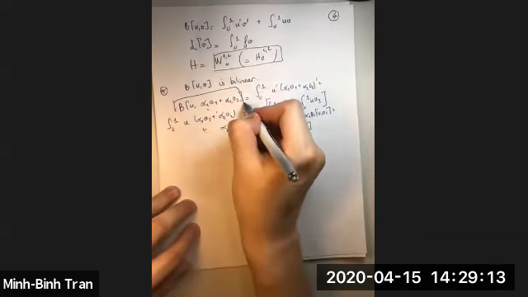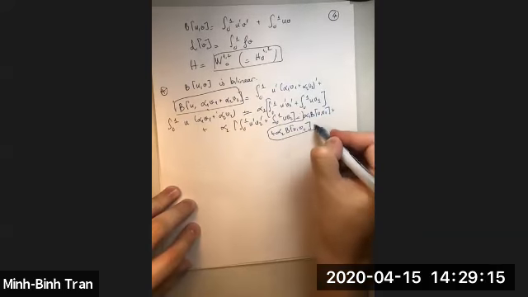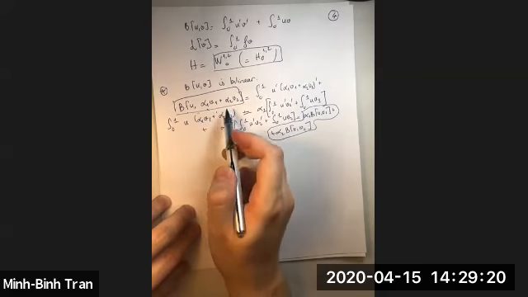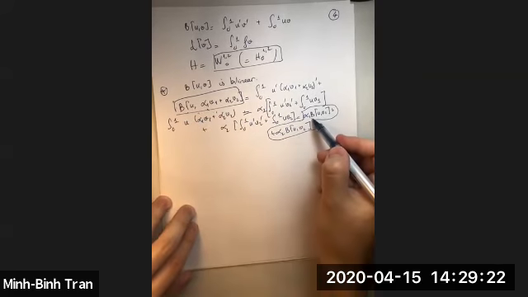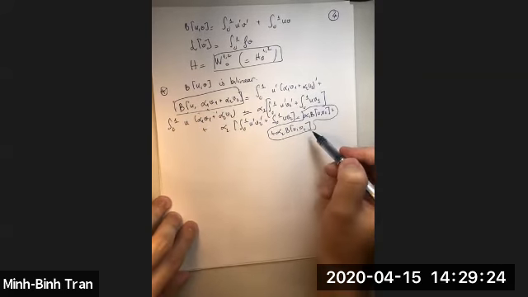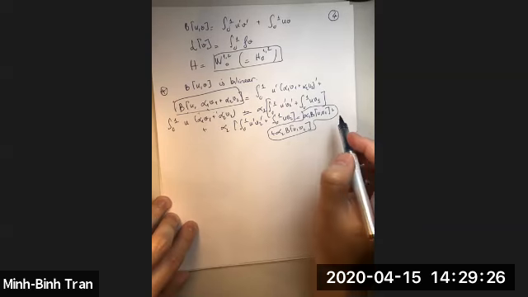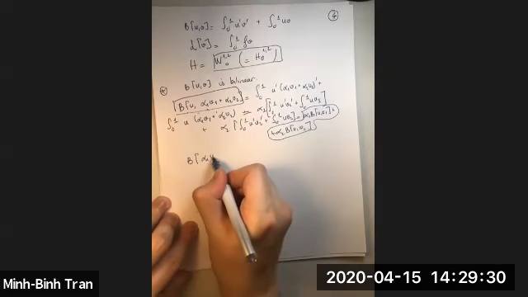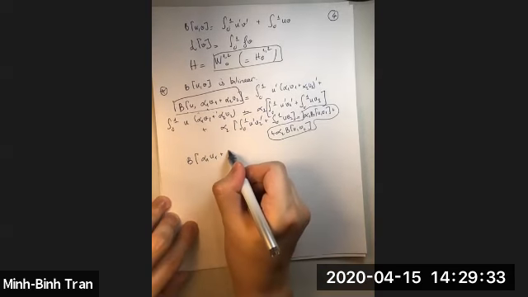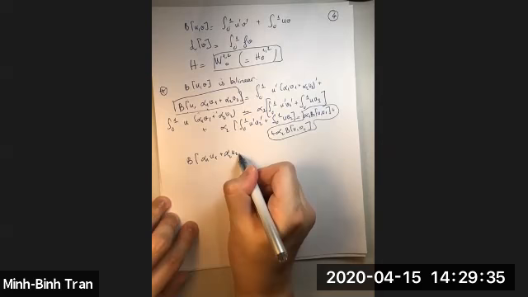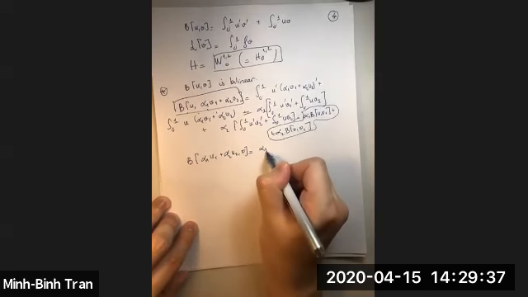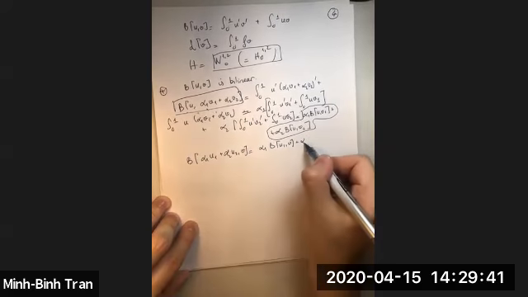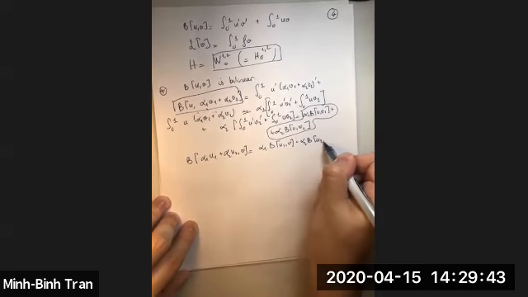Which is alpha 1 B(u, v1) plus alpha 2 B(u, v2). So you can write B(u, alpha 1 v1 plus alpha 2 v2) as alpha 1 B(u, v1) plus alpha 2 B(u, v2), which means this is linear in v. Similarly, you can write B(alpha 1 u1 plus alpha 2 u2, v) as alpha 1 B(u1, v) plus alpha 2 B(u2, v).